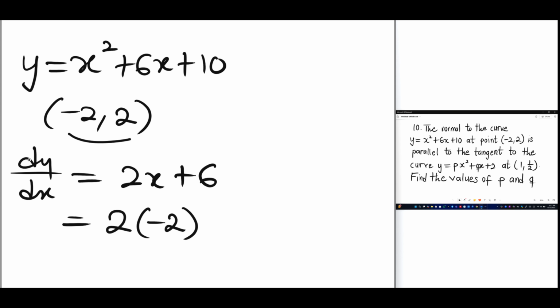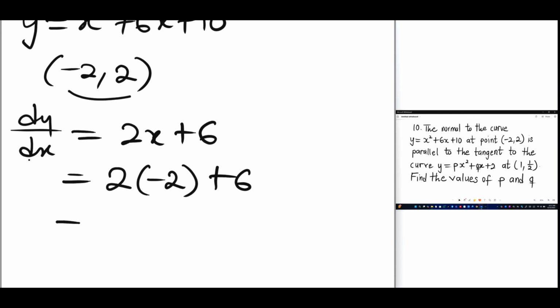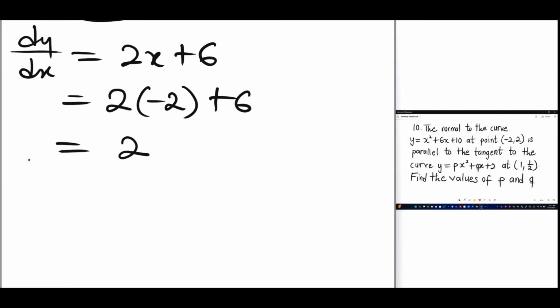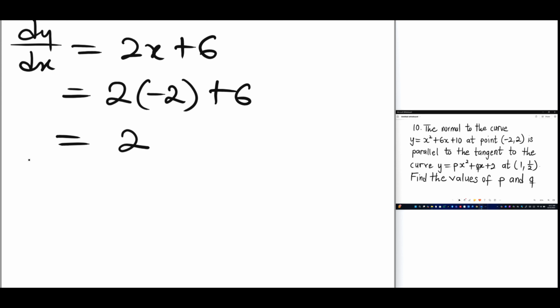So we multiply 2 by -2, which is the value of x, then plus 6. And this will give us a result of +2. So this is the gradient of the tangent at the point where the tangent touches the curve. So we have to deduce the gradient of the normal from this.